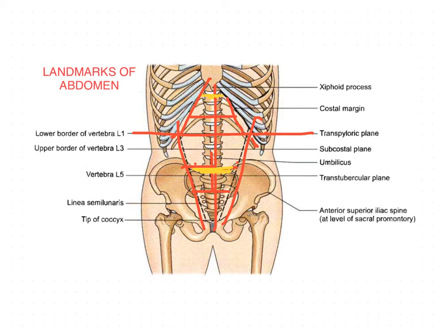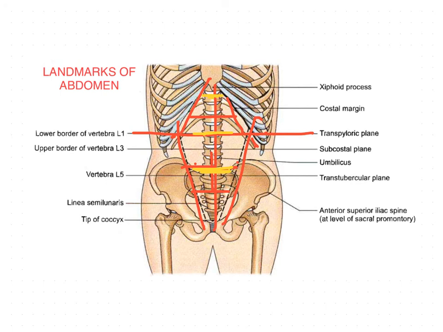The third is midway between these two. These intersections are seen only in the upper part of the rectus abdominis muscle. So all these are the landmarks of the abdomen.